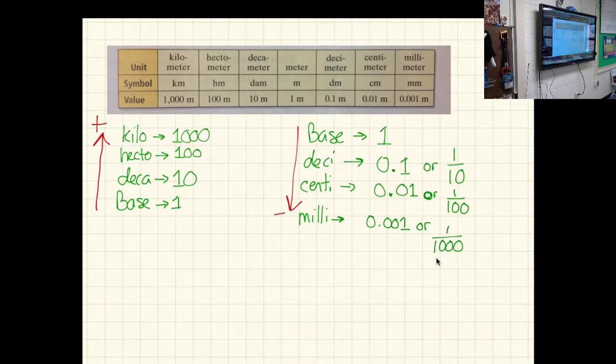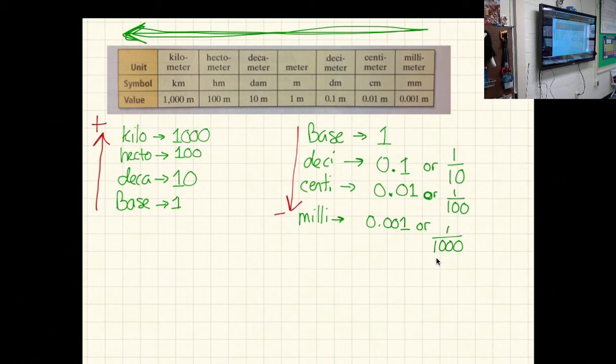If you're going from small to large, I'm going to go back a couple pages here. If you are going in this direction, you're going from small to large. The number will be small. It will be divided.